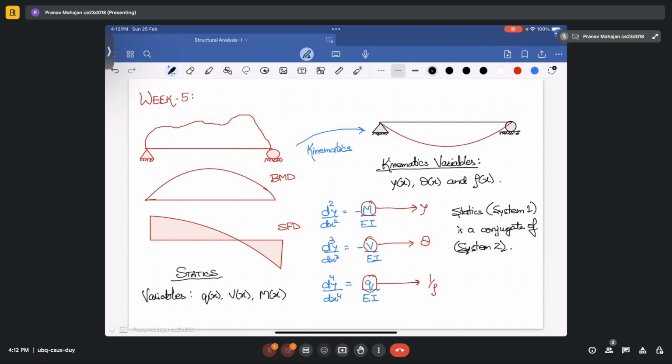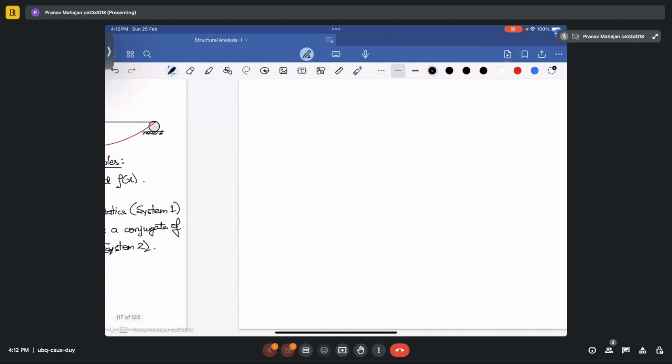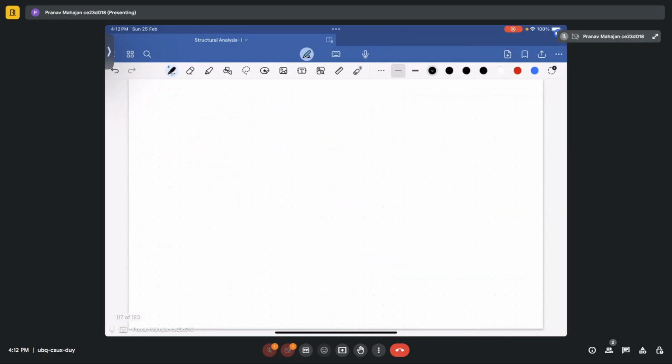Okay, so now let's take a problem, then it will be easy for you to understand what concepts we are covering here. So suppose you have a simply supported beam carrying UDL over its whole length.